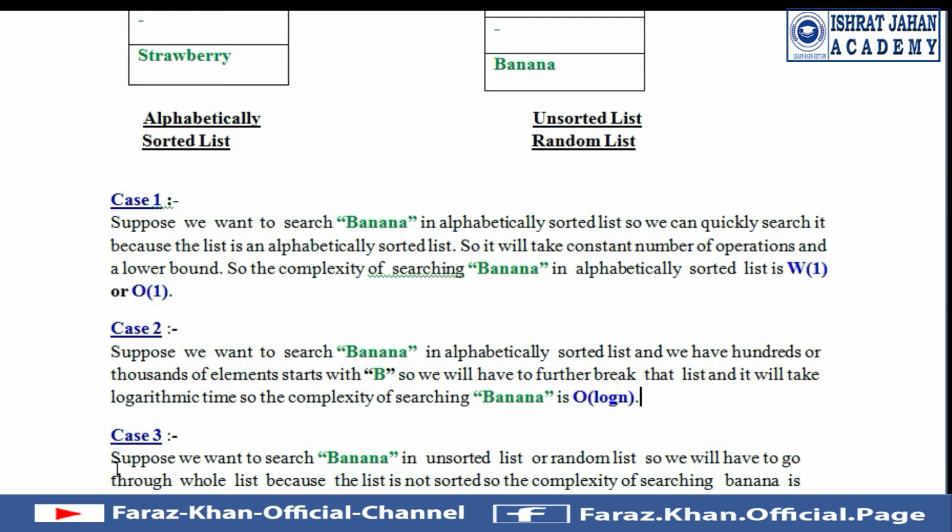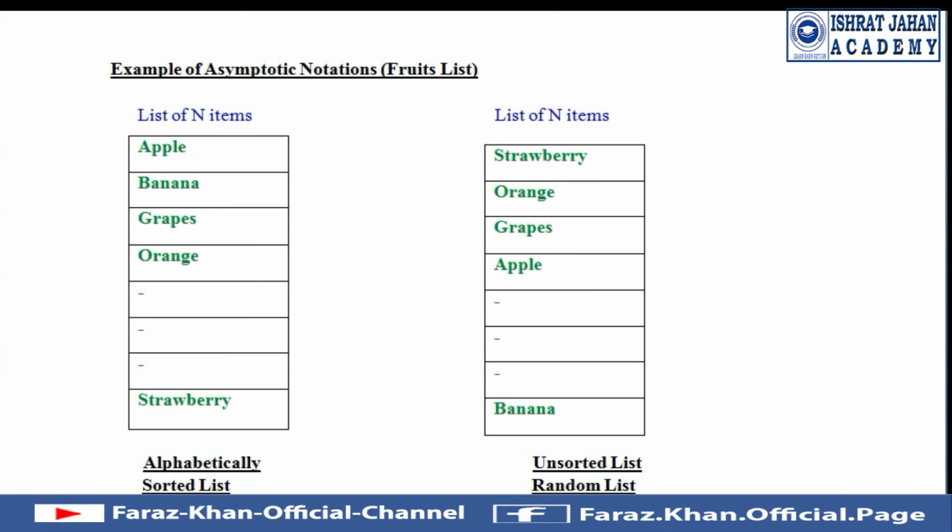Now suppose we want to search banana in an unsorted list or random list. So we will have to go through the whole list because the list is not sorted. So the time complexity of searching banana is O(n), which is an upper bound. Now see that list.